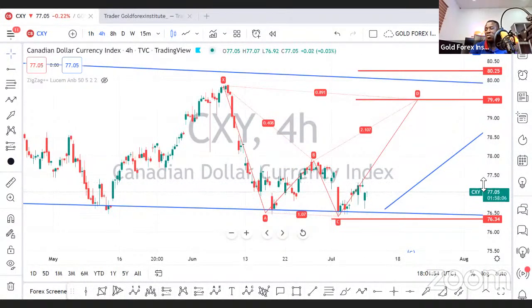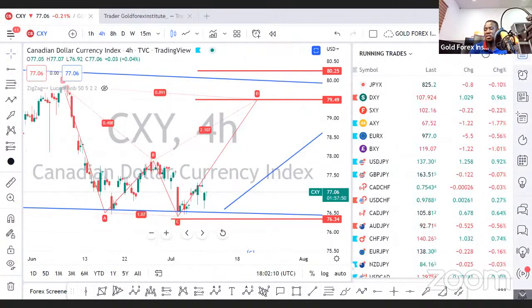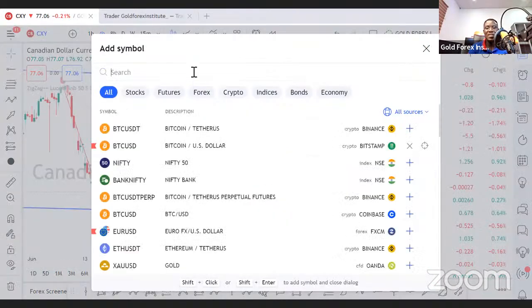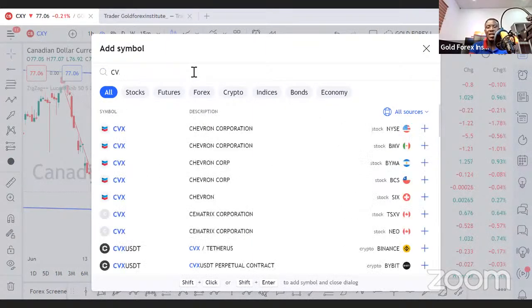Okay, and look for weak pairs trading against the CAD. Okay, just look for weak pairs trading against the CAD. So let me add CXY. CXY, this is the CAD index.